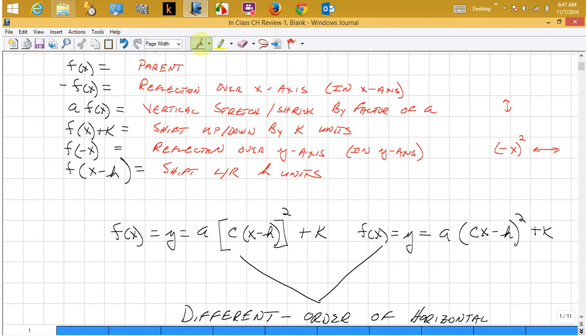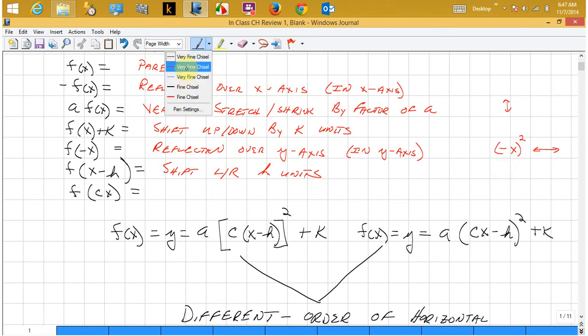Another one, the last one I'll show is if I have something that looked like f of cx. That's going to be a shrink or stretch in the x direction, and actually what we would have is, remember, it's the reciprocal of the c. So, since it's in the x direction, it will be horizontal.